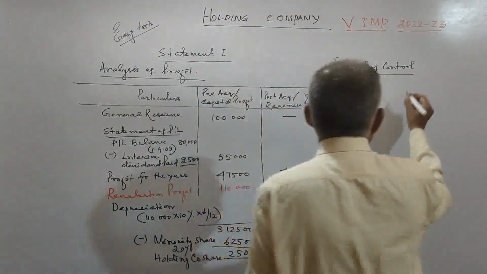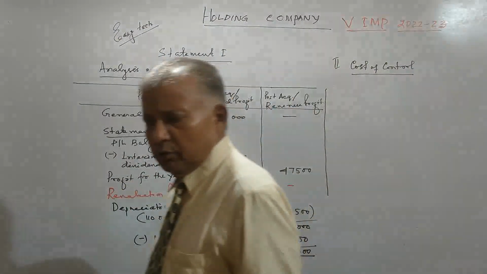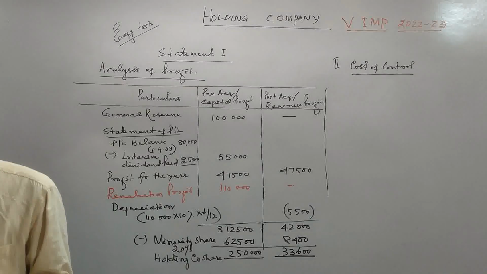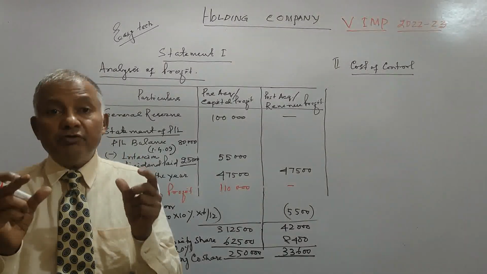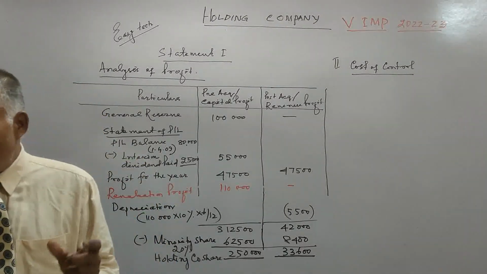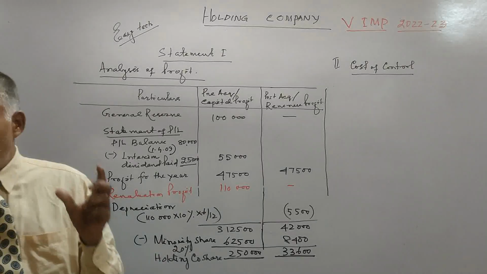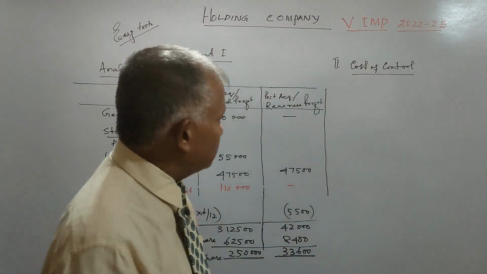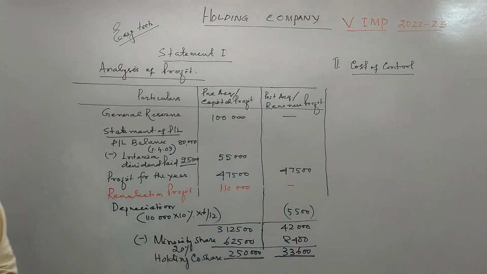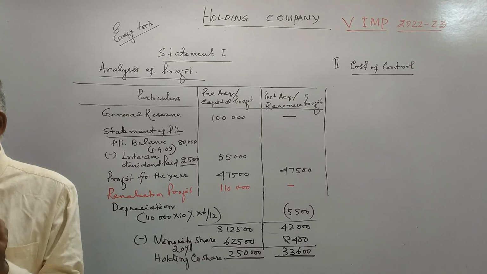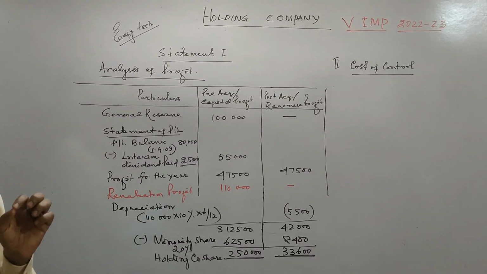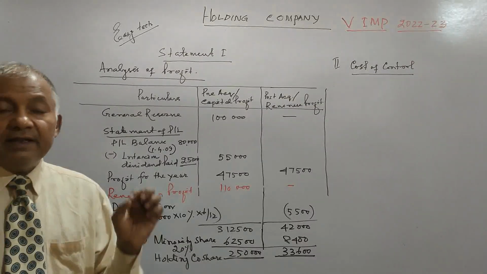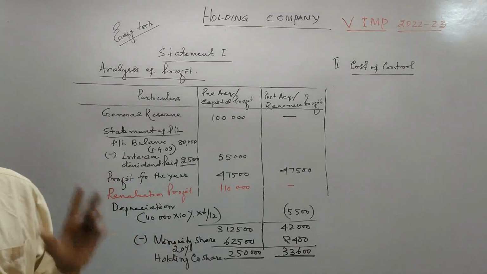If we go to the cost of control, we will first take the value of investment, the cost of investment by holding company. Holding company purchased 40,000 shares in S Limited and the 40,000 shares cost is 6,20,000 as given in the balance sheet of H Limited.